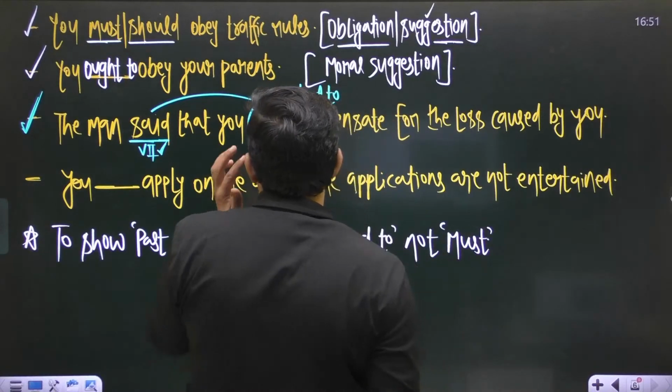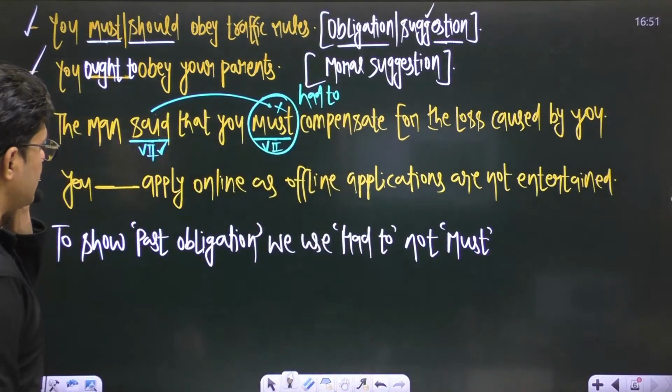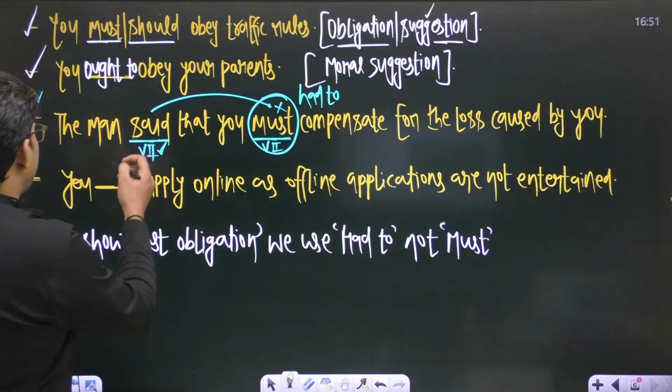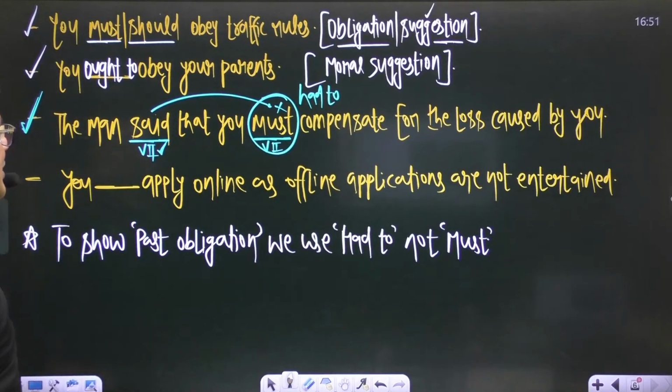This is the concept. To show past obligation, we use had to, not must. So the sentence will be like, the man said that you had to compensate for the loss caused by you.